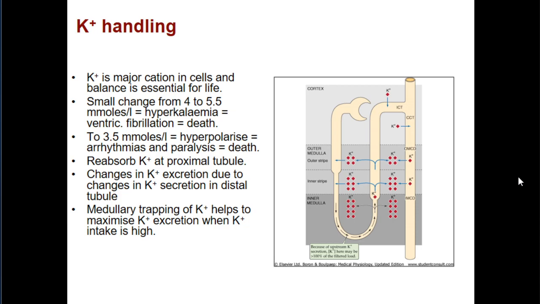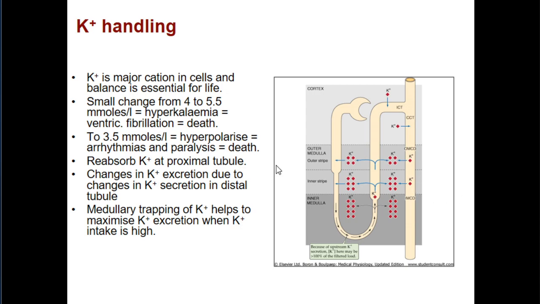Now, potassium handling. Potassium is the major cation in cells, and its balance is essential for life because even the slightest changes will lead to hyperkalemia, which might cause ventricular fibrillation and then death. Because if concentration increases, cells will hyperpolarize, leading to arrhythmias and death.